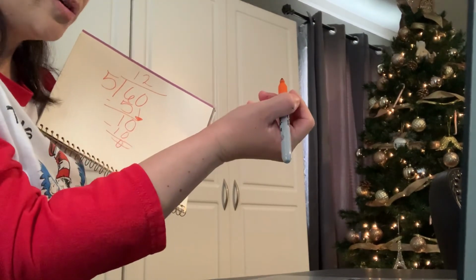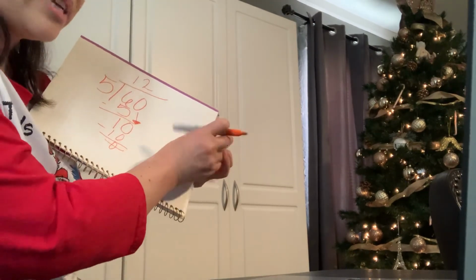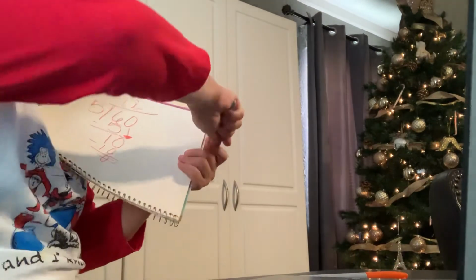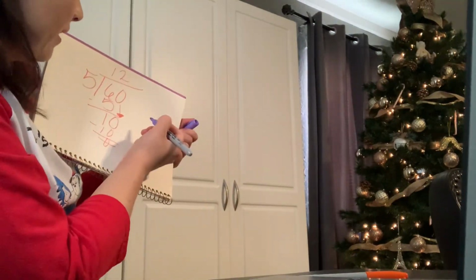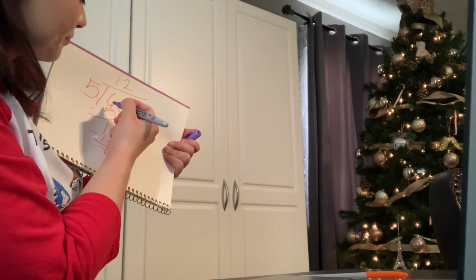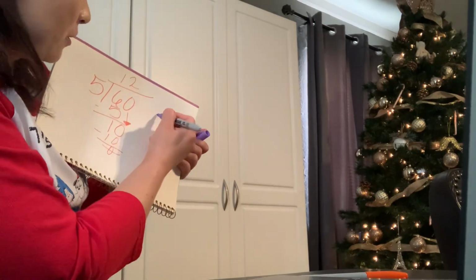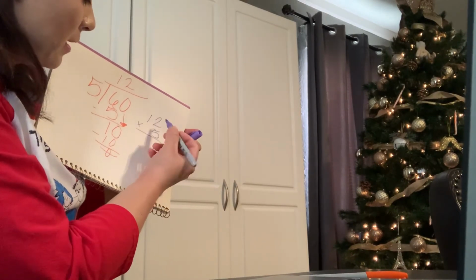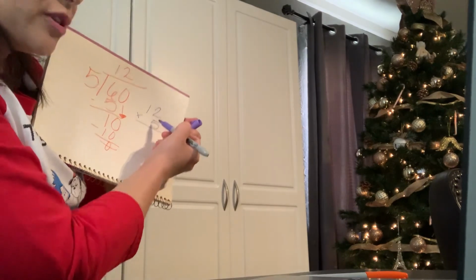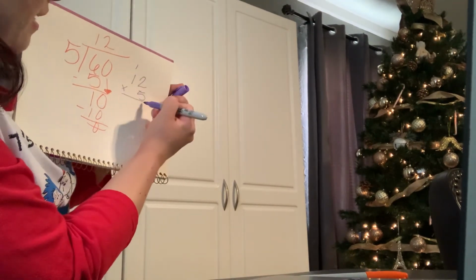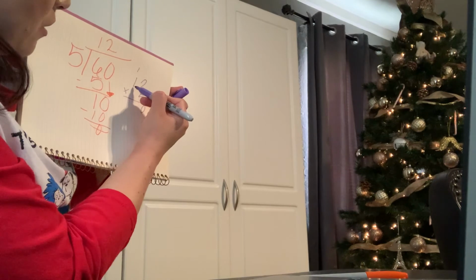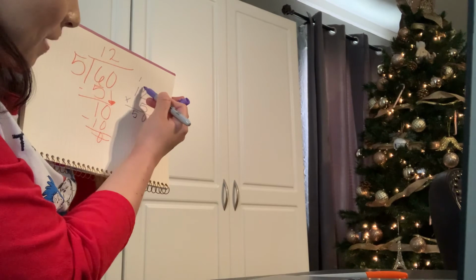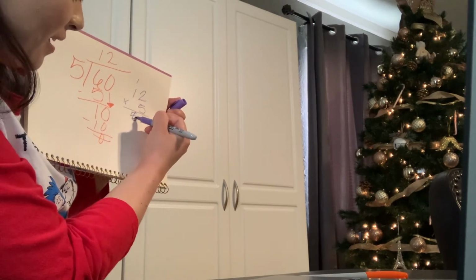So we can conclude, and remember, we have to check to see if we got our answer right. So we say 12 multiplied by 5. 2 times 5 is 10. 1 times 5 is 5, but you add 1 to 5, that makes it a 6.